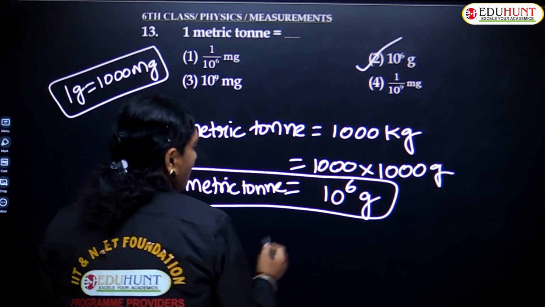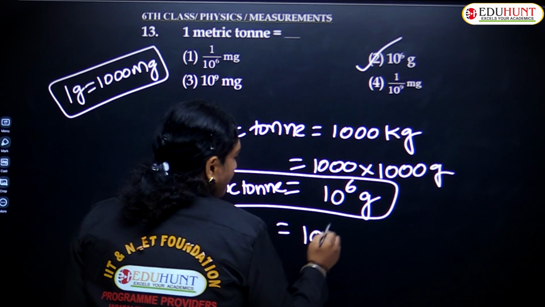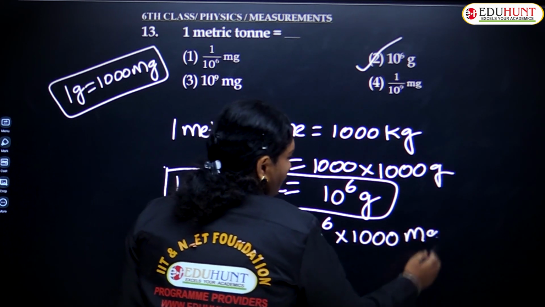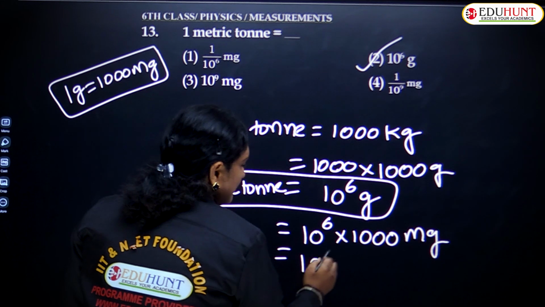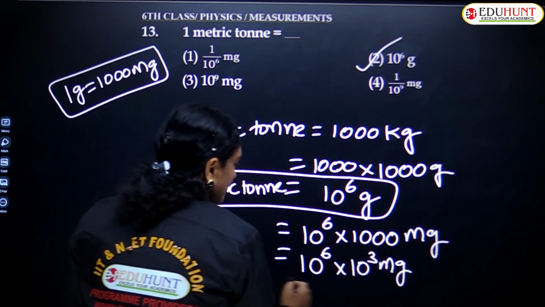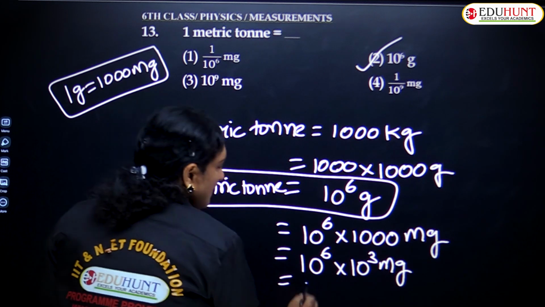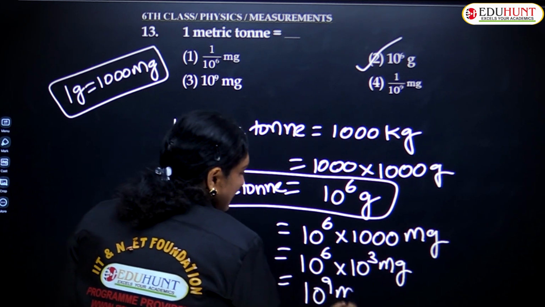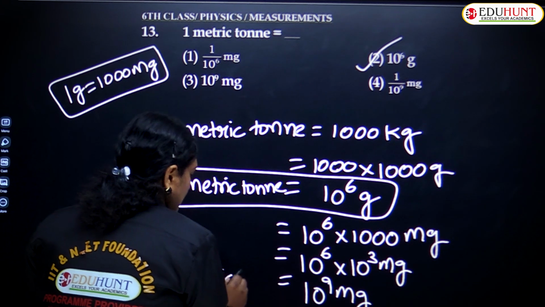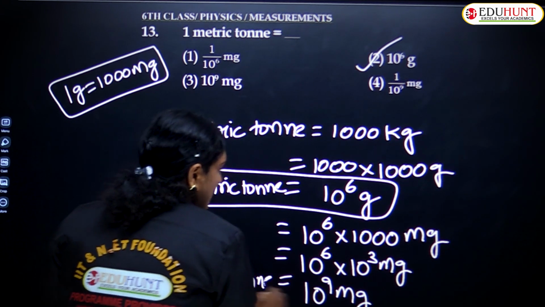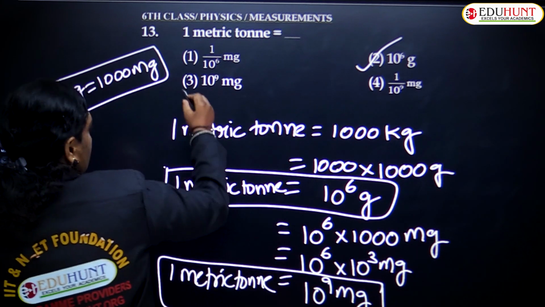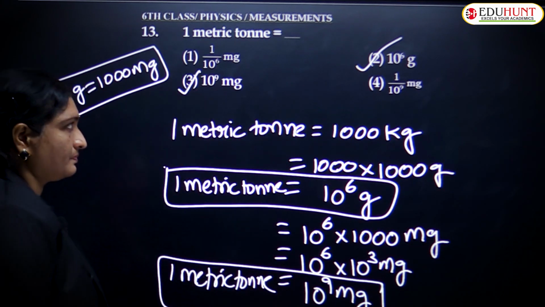So instead of gram, I will be writing 10 power 6 into 1000 milligram. This is nothing but 10 power 6 into 10 power 3 milligram. So 6 and 3 totally 10 power 9 milligram. So 1 metric ton is also equals to 10 power 9 milligrams. So this is also true.